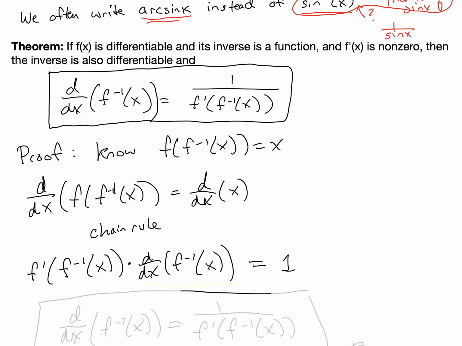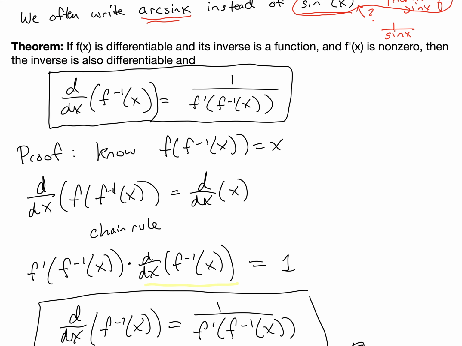So now we can solve for the piece we're interested in. We divide both sides by the remaining product, and so the derivative with respect to x of f inverse of x is 1 over f prime of f inverse of x. And that is the end of our proof.